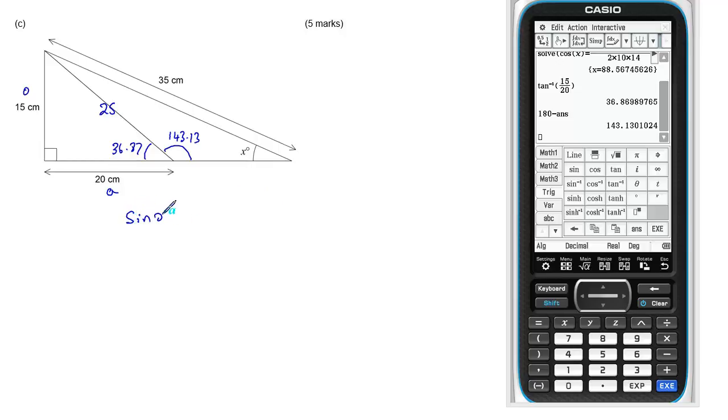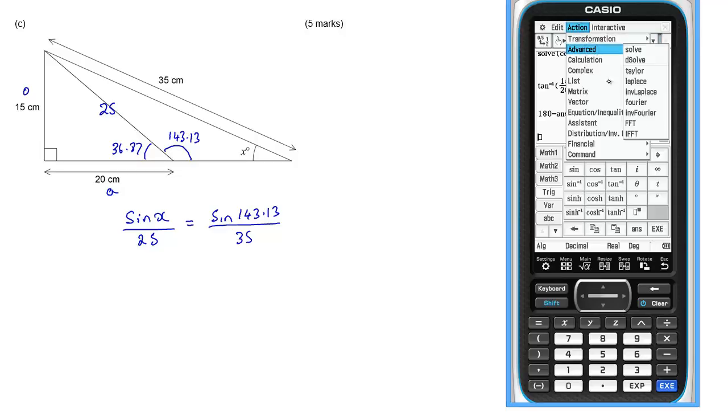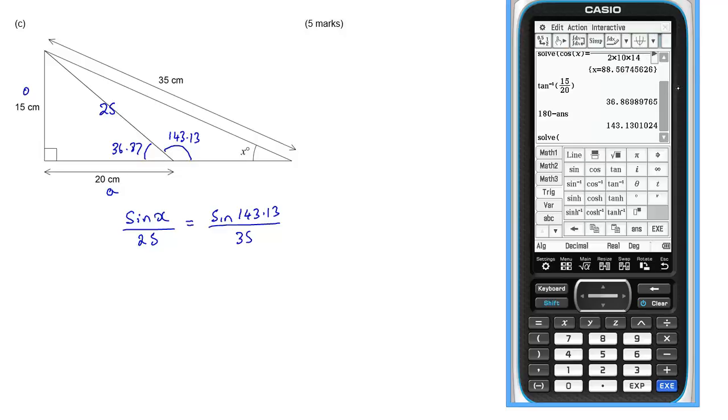So we have sine x over the side opposite that is 25. That's got to be equal to the sine of 143.13 divided by the side opposite that, which is 35. And once again, we can solve on the calculator. So action, advanced, solve. And then we want a fraction.